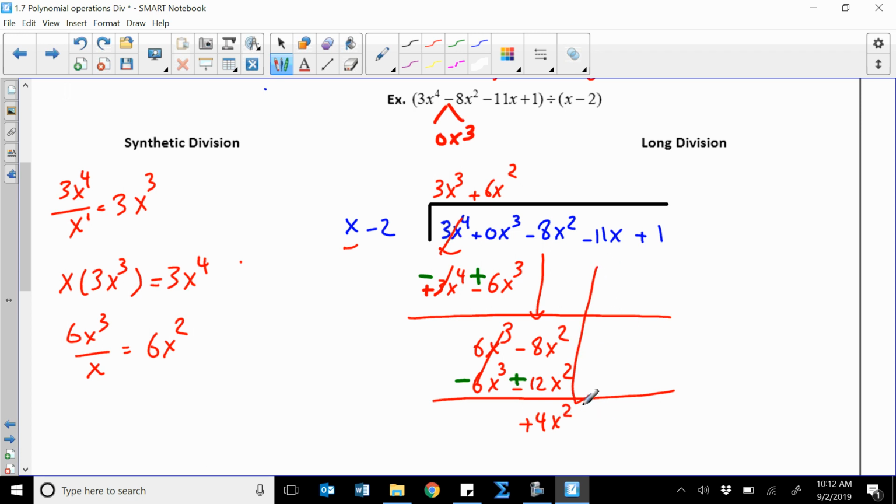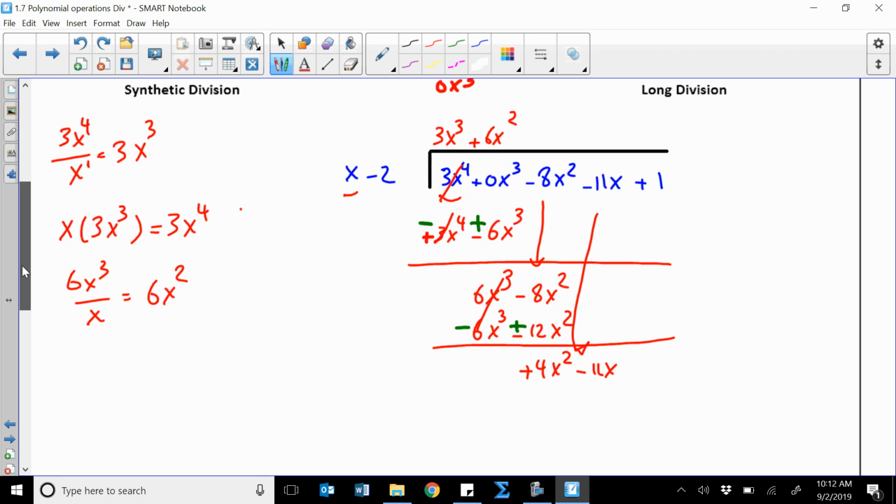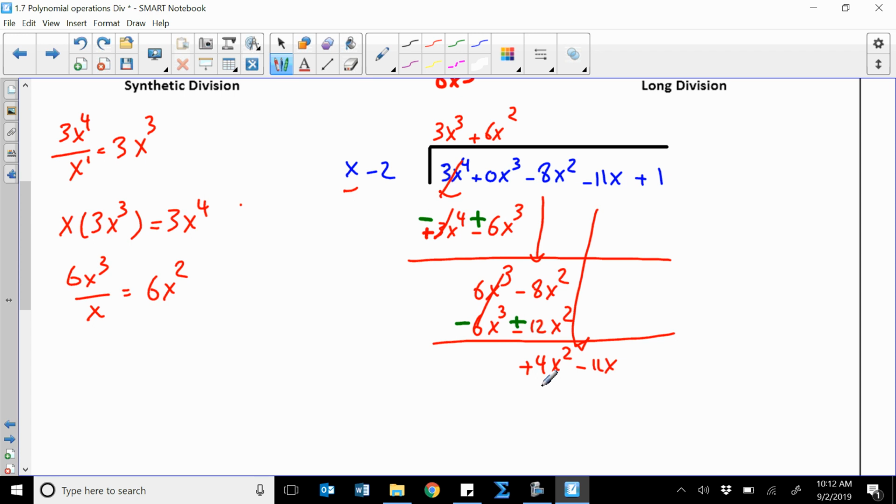Then the next number, negative 11x. Once again, I'm going to divide the first term by the first term. So what is 4x squared divided by x? That's 4x, because the power of 2 minus the power of 1 gives x to the 1.